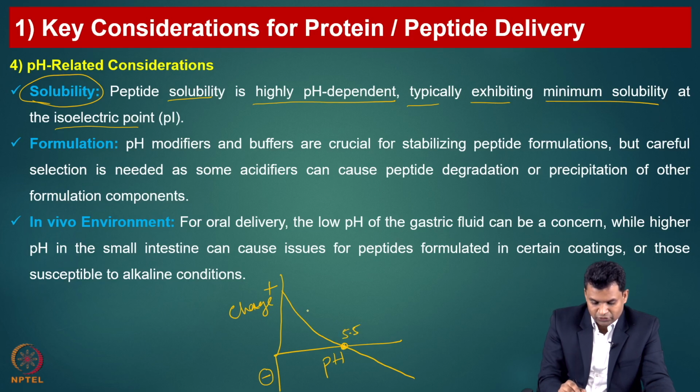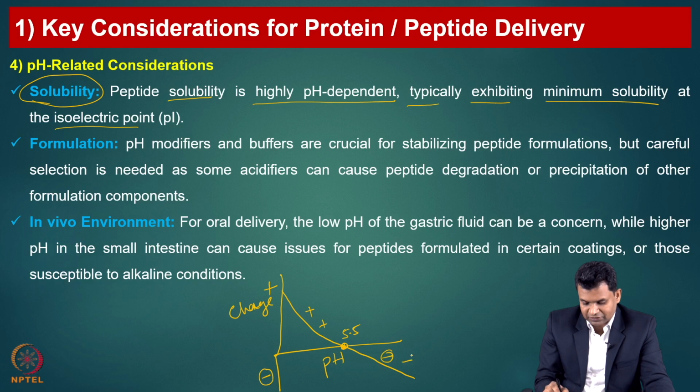Here you will see that below the isoelectric point the amino acids will show a positive charge, and above the isoelectric point they will show a negative charge. So, this pH is called the isoelectric point.